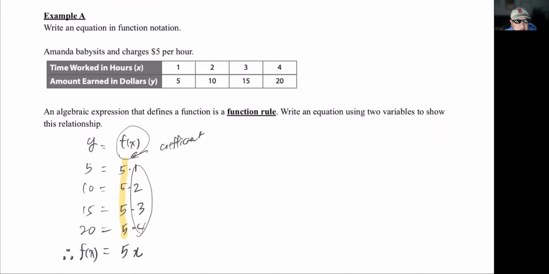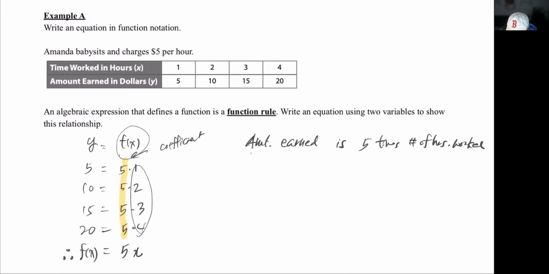And if you look at the instruction over here, let's look at that one first, okay? It says the amount earned is 5 times the number of hours worked, isn't it?